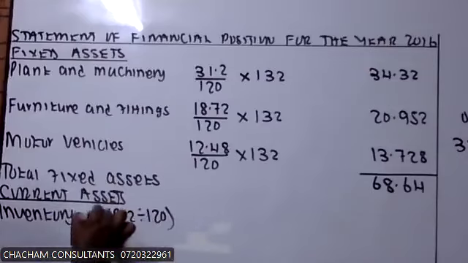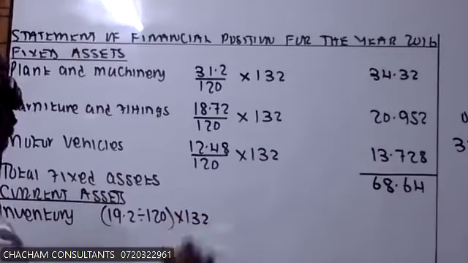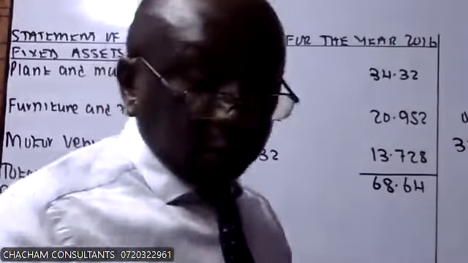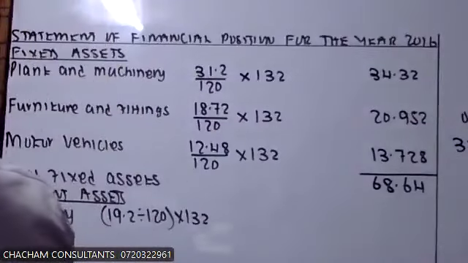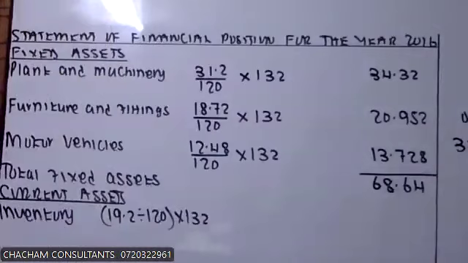You divide by 120 times 132. $21.12. We can put it somewhere here.